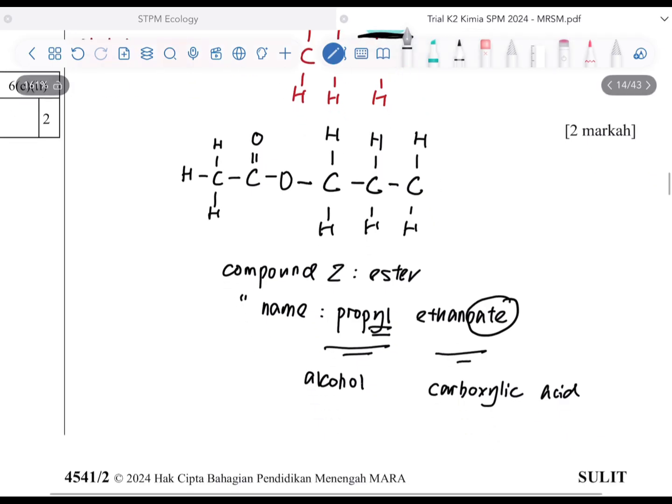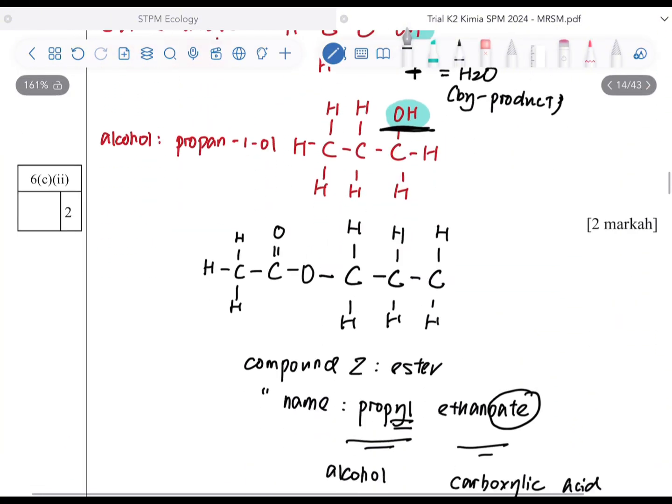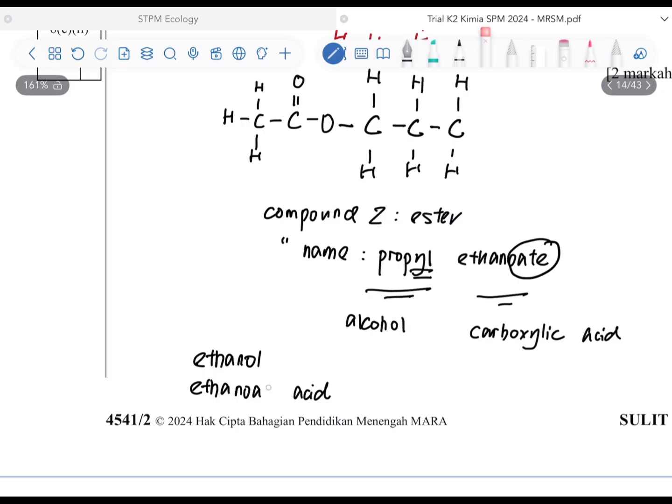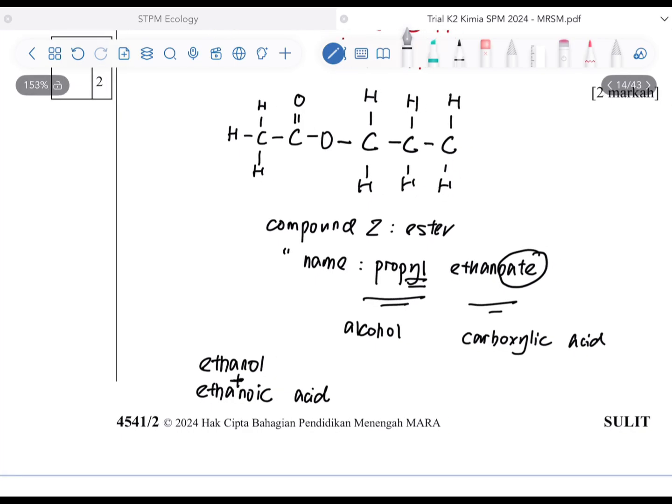So propyl ethanoate. So let's say if today I use ethanol and ethanoic acid to make the ester, what will be the answer? If I react this with this and form an ester, what will be the naming?